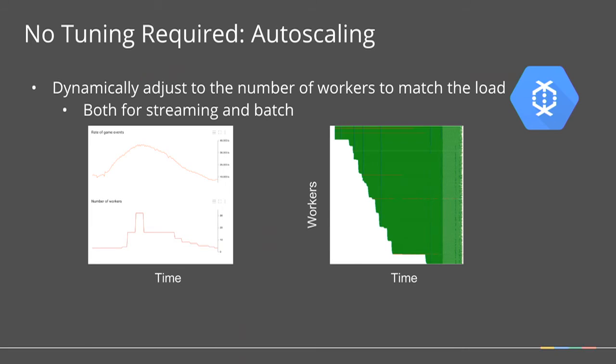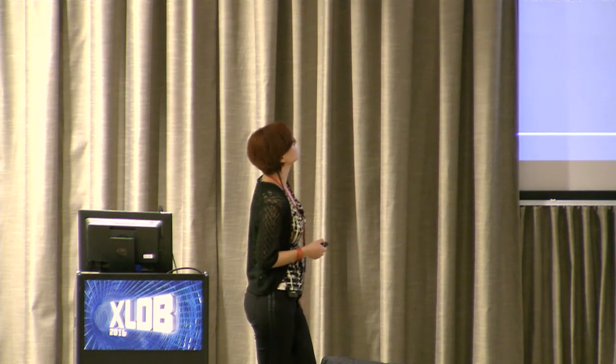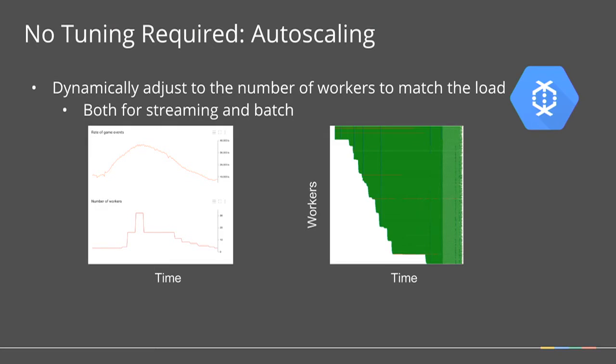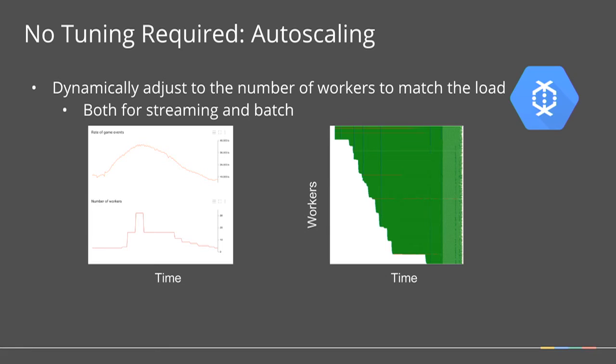Okay, so another thing that we do is auto-scaling. Auto-scaling dynamically adjusts the number of workers to match the load. So in streaming, because remember, Cloud Dataflow is for both streaming and batch, we have a rate of game events that spiked. The spike is 4x of the stable rate, right?